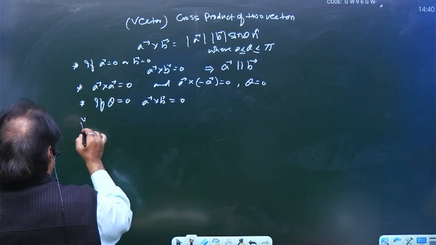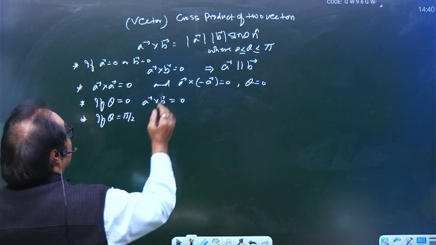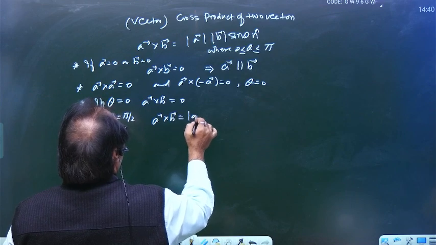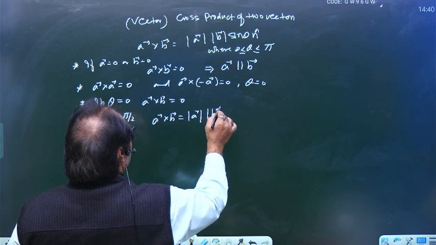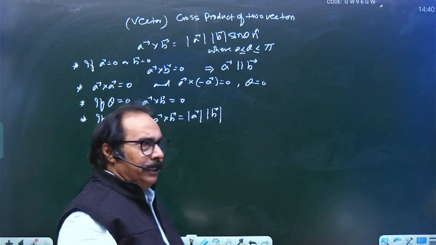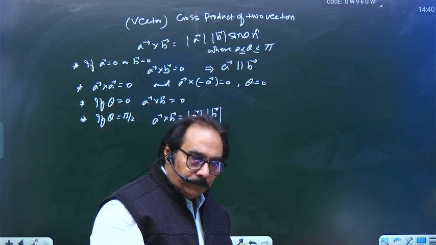However, if theta is pi by 2, then the magnitude of A cross B is equal to magnitude of A into magnitude of B, because sine pi by 2 is 1.